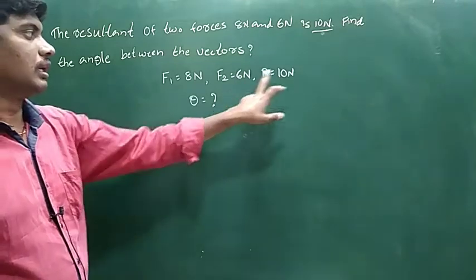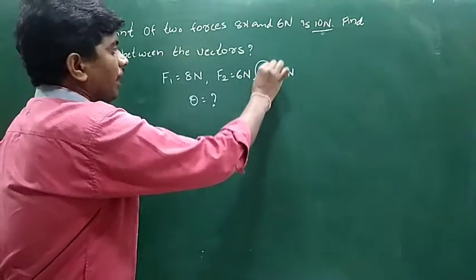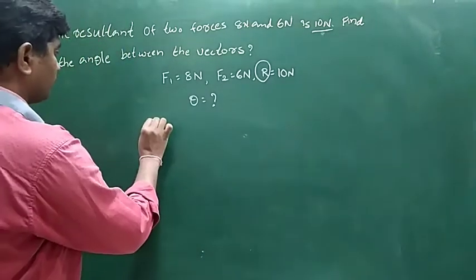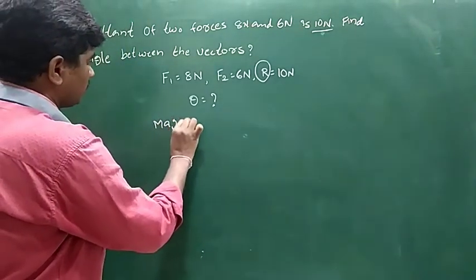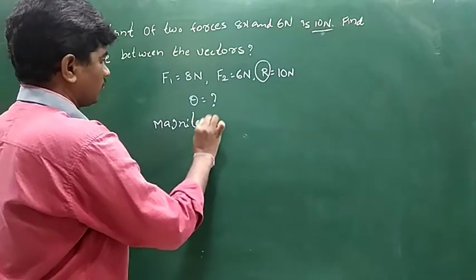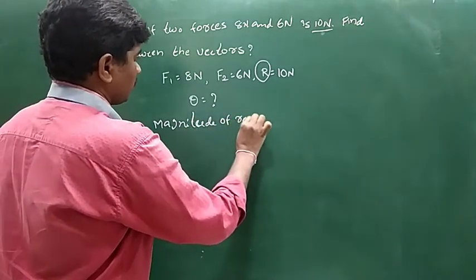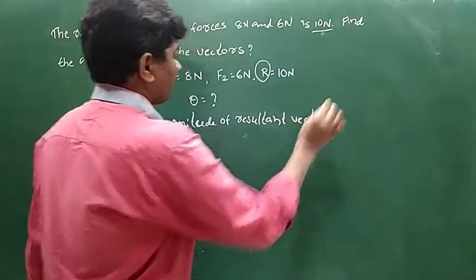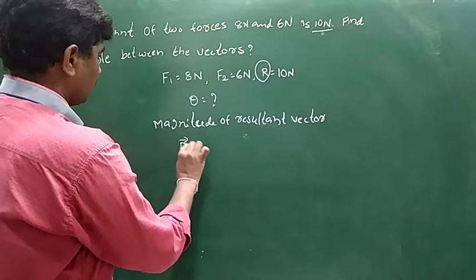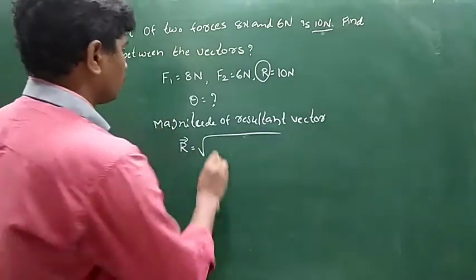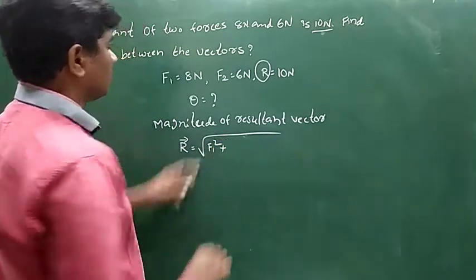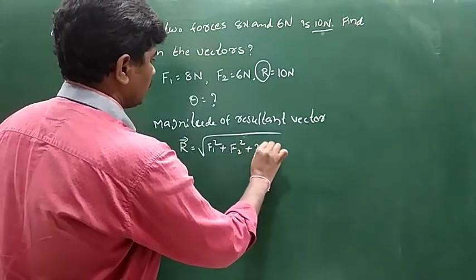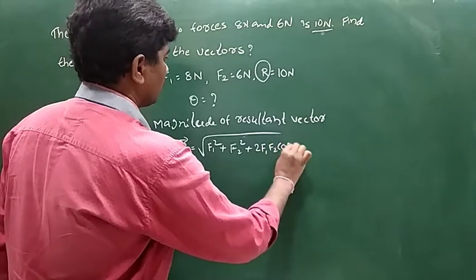F1, F2, R is the magnitude of resultant vector. The formula of magnitude of resultant vector: R bar equal to under root of F1 square plus F2 square plus 2 F1 F2 cos theta.